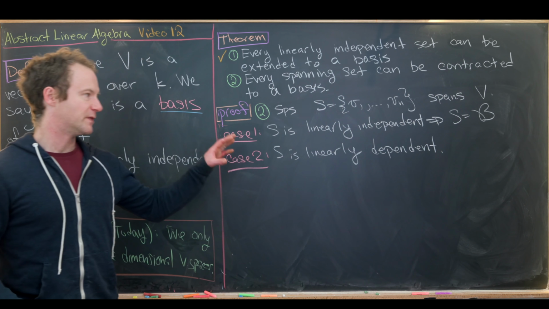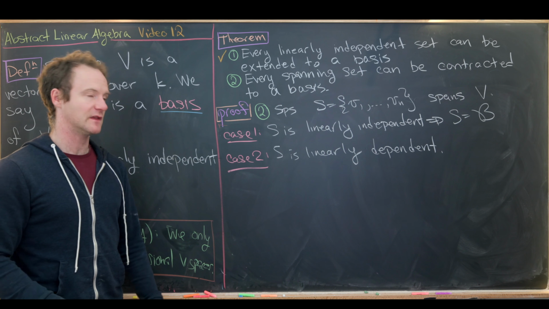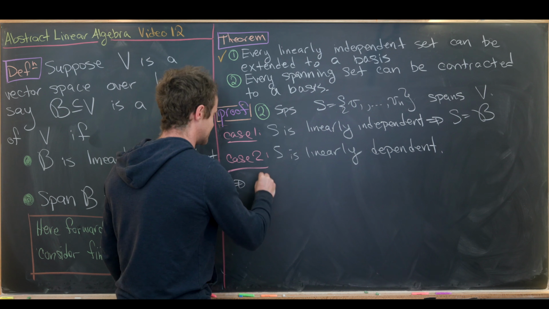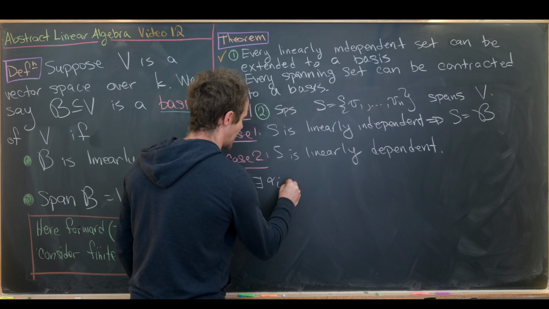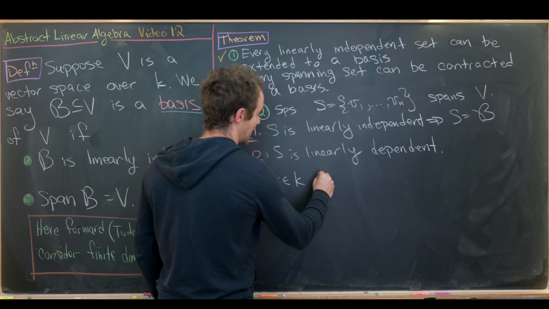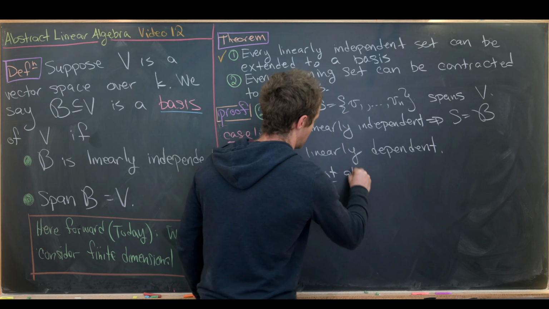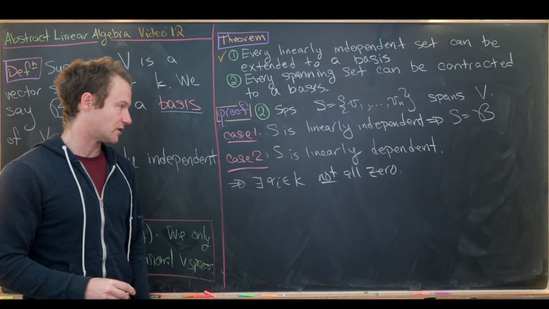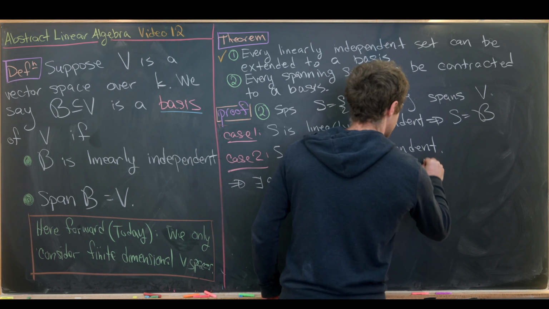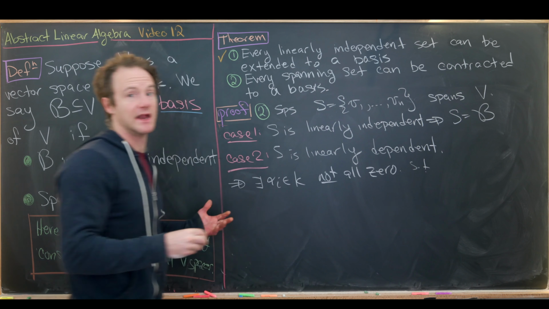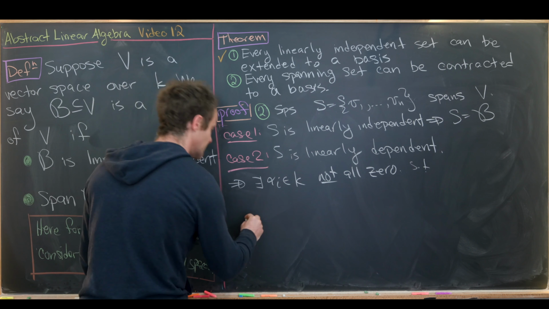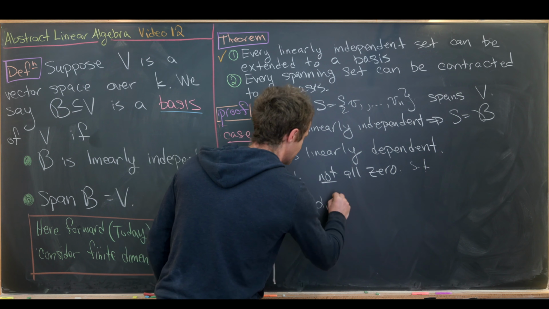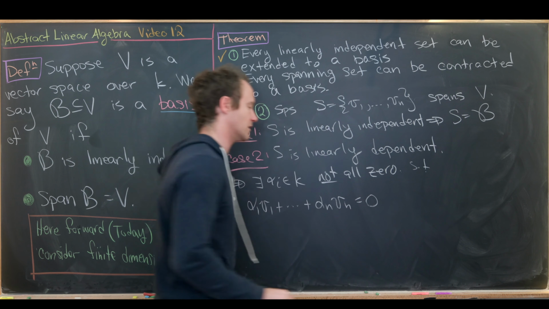Great. But if it's linearly dependent, then we can write down a linear dependence relation. So that means there exist alpha i in K, not all 0. So that's the important part, that they're not all 0, such that we have a linear dependence relation. So this will be alpha 1 V1 plus up to alpha n Vn equals 0.